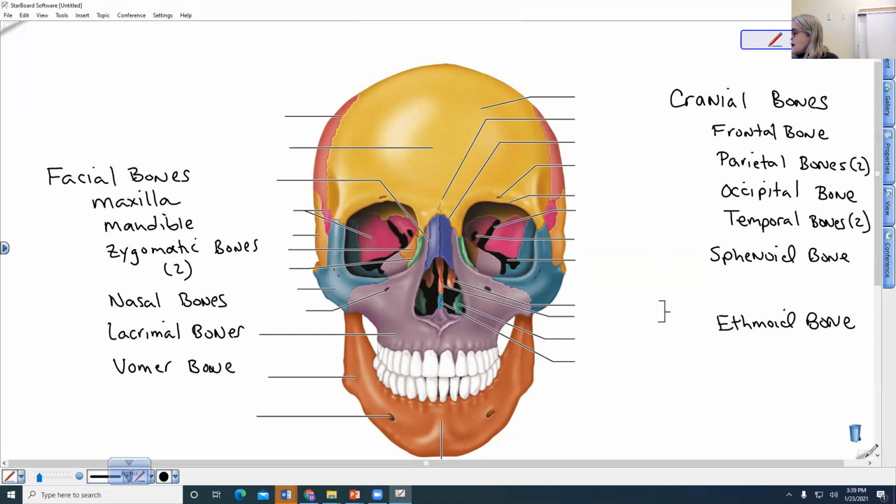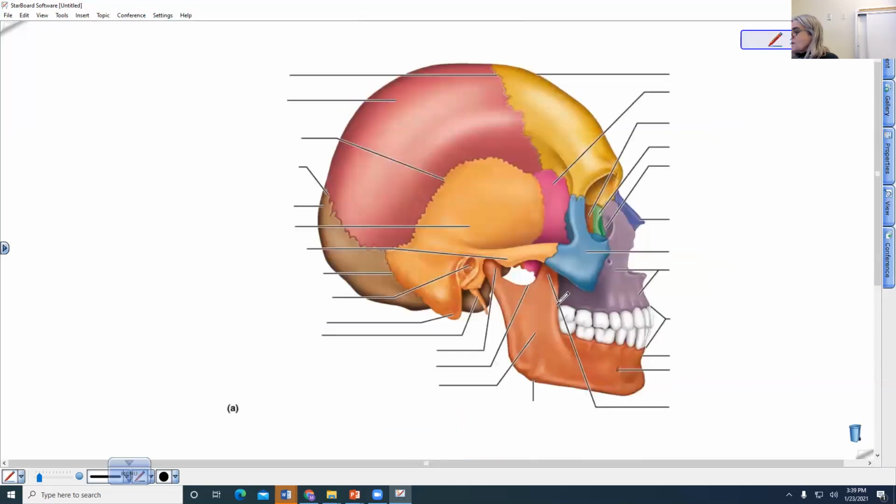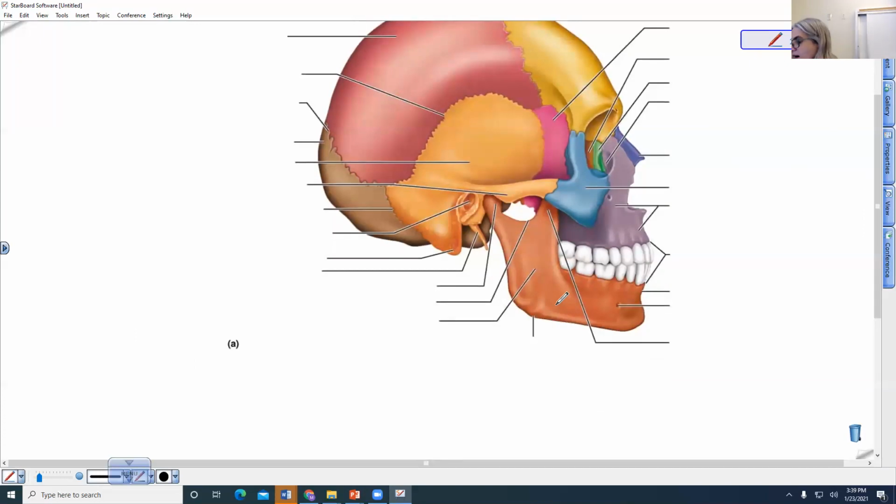So let's look at a diagram from the side. Okay. So let's just use the example of the zygomatic arch. So this is not a bone. This is kind of like a bone marking, but it also is significant because it consists of two bones.